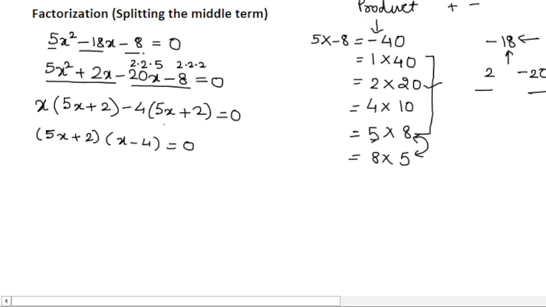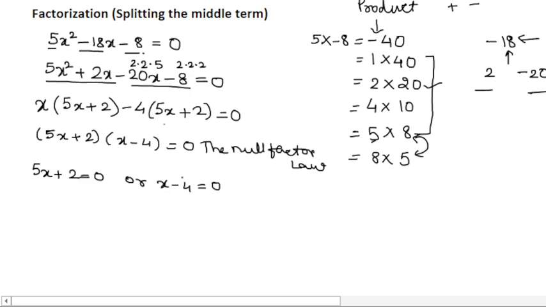At this point, you must see that the multiplication of two expressions is 0, which means either the first expression is 0 or the second expression is 0. This is called the null factor law, which states that either 5x plus 2 is 0 or x minus 4 is equal to 0.